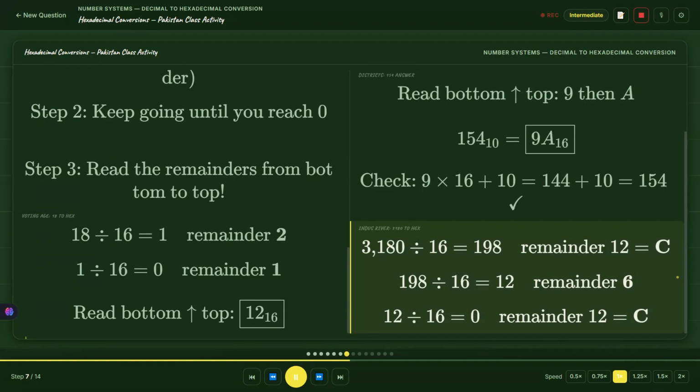The Indus River is about 3,180 kilometers long. Let's split it step by step. 3180 split by 16 gives 198 with 12 left over.